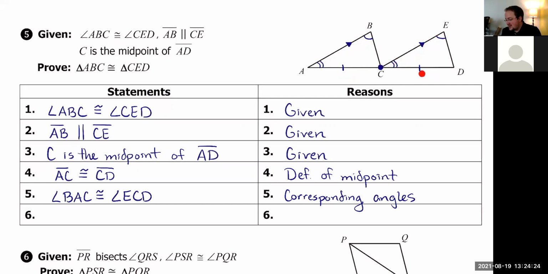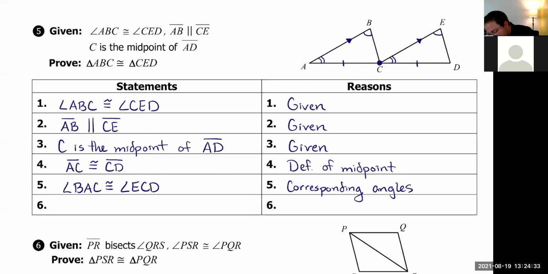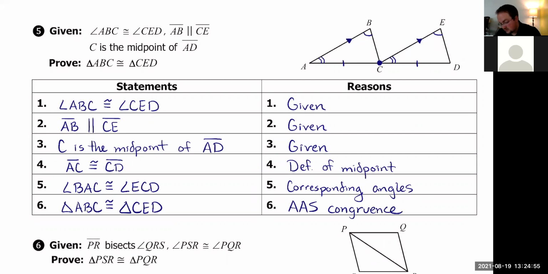And a congruent pair of sides that are not between those two angles? Yep. So I believe we have enough to say that these two triangles are in fact congruent thanks to angle, angle, side. So triangle ABC is congruent to triangle CED thanks to angle side congruence. Got it.